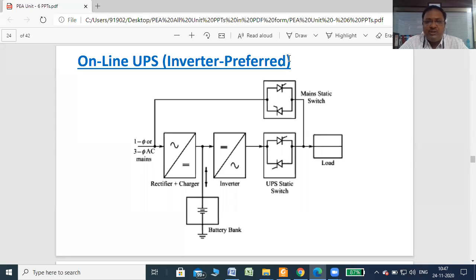If your UPS static switch or inverter fails, or the battery is discharged, then at that time the supply voltage, single phase or three phase, is given directly through the main static switch. If the inverter fails or the battery is discharged, the UPS static switch turns off automatically because the anode voltage is equal to 0, and at the same time the main static switch turns on and the load is fed directly from the single or three phase supply.